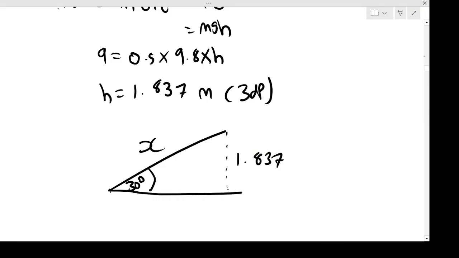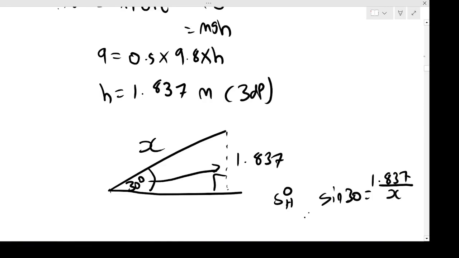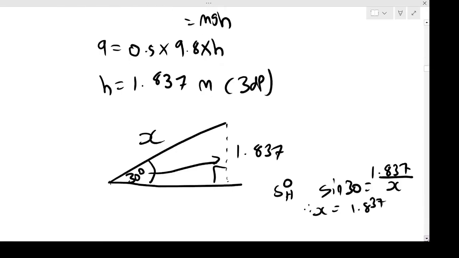So I can use SOHCAHTOA to work out x, my hypotenuse. It's opposite, so I'm going to use sine. So sine 30 equals 1.837 over x. Therefore, x is going to be 1.837 divided by sine 30.